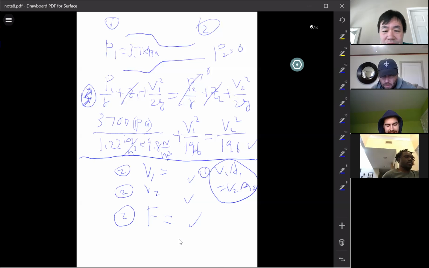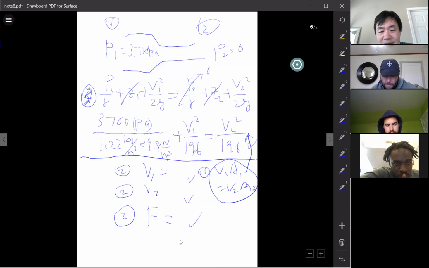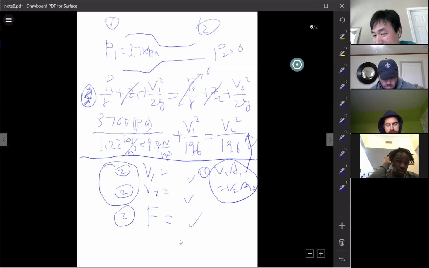So you substitute this into this equation. You have 2 equations, 2 unknowns, V1 and V2. Then you can calculate V2 and V1. So these 4 points basically need some calculation, but that you can do. It's easy.